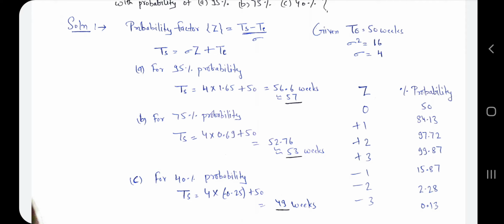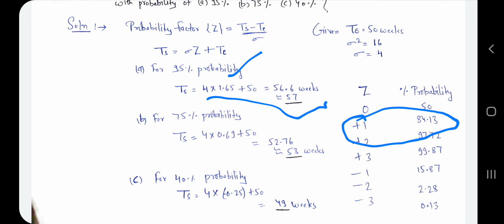For 95%, it lies between these two values, so we do interpolation and find the value. For 95% we get 1.65 as the probability factor. We simply put all values in our formula and get 57 weeks as the project completion value for 95% probability.